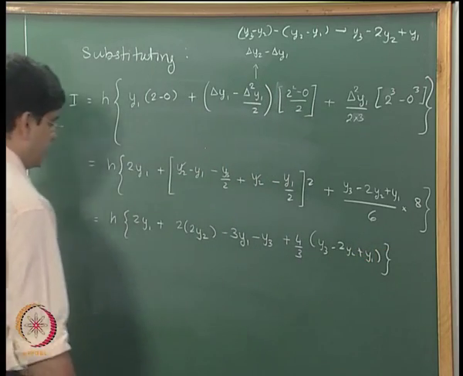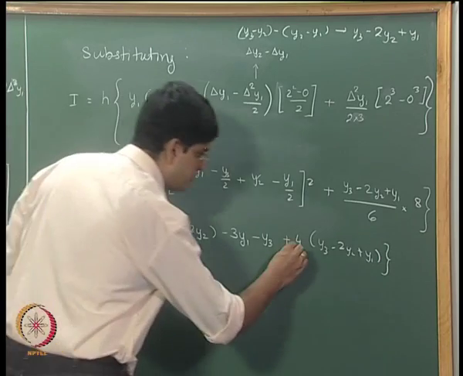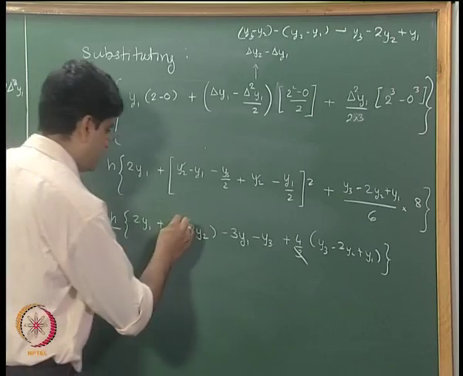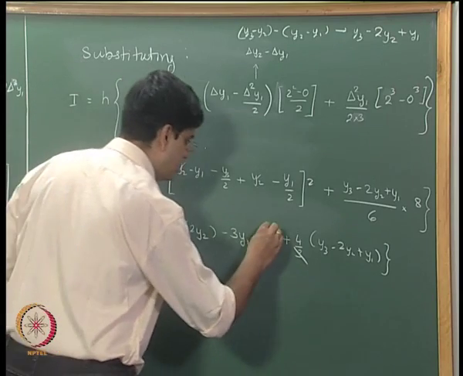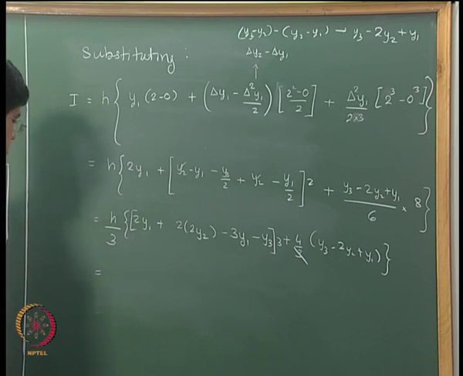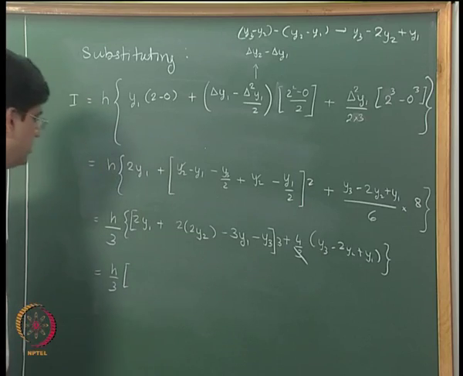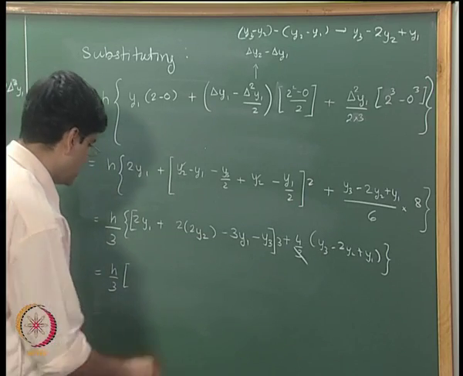We take 3 outside and we will multiply all of these by 3. It is just a matter of simple numerical jugglery.